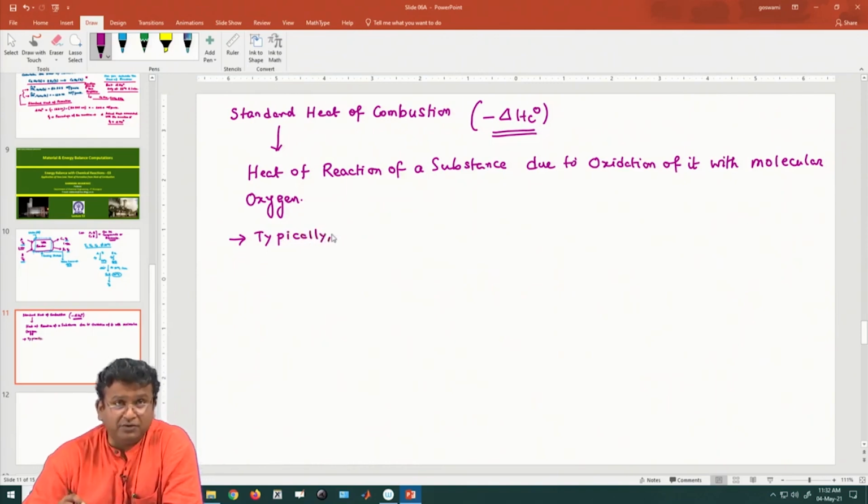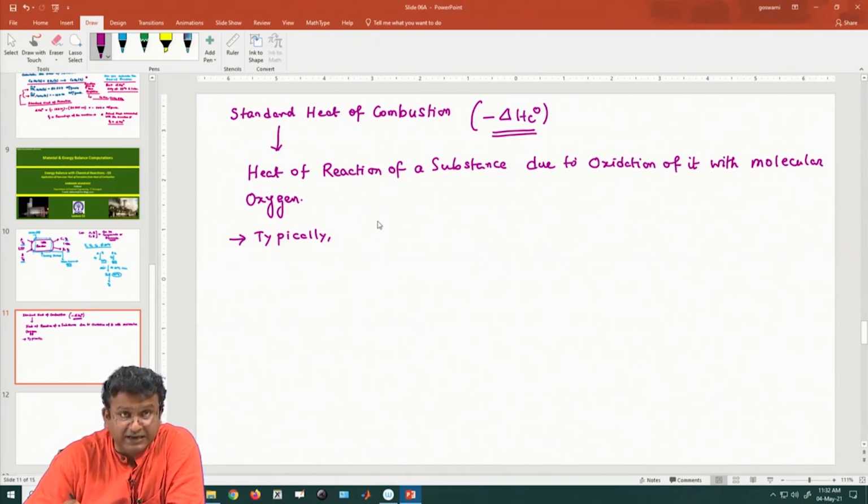Typically, most organic compounds are combustible, and therefore the thermochemical data for many organic compounds are reported or easily available in the form of heat of combustion.